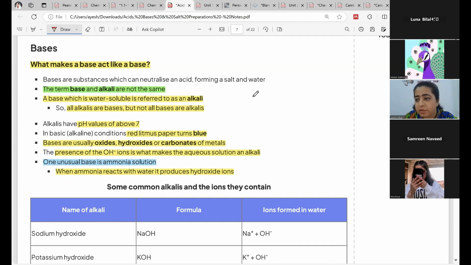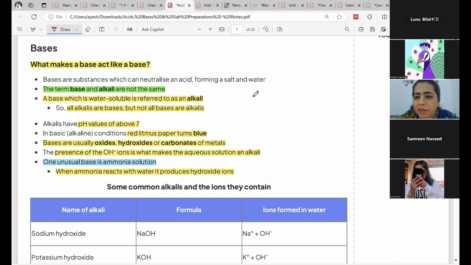That is the right definition. Basically the base and alkali both have pH more than 7, but the difference is their solubility. Alkalis are soluble bases.